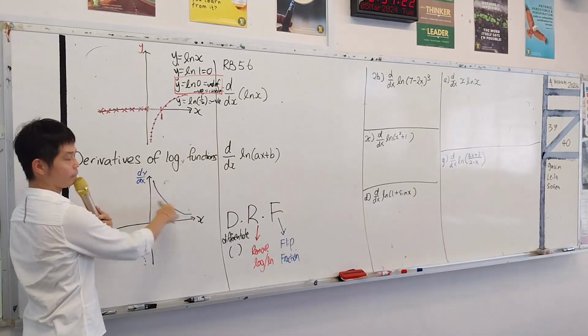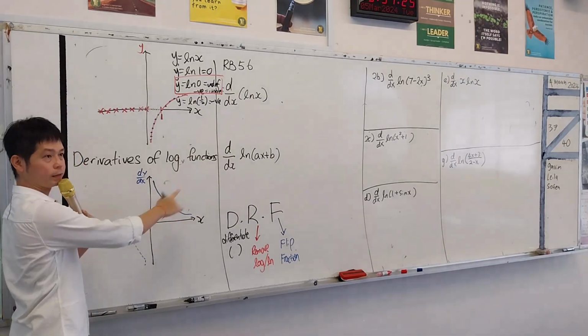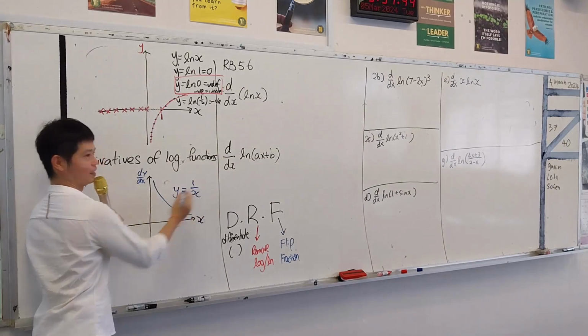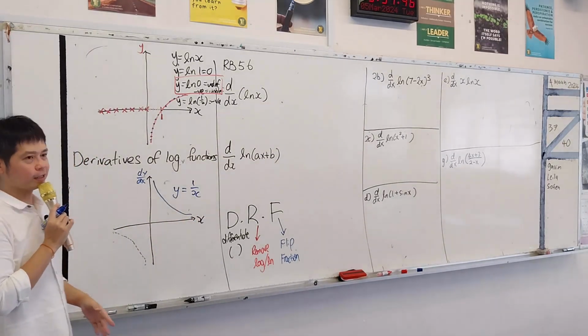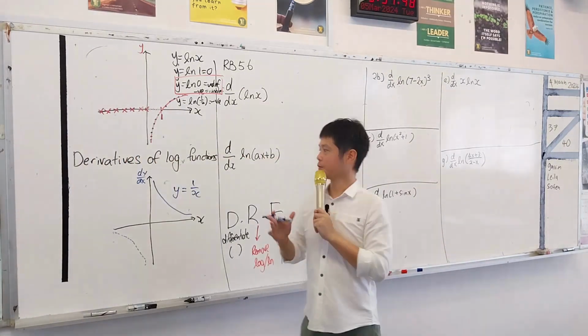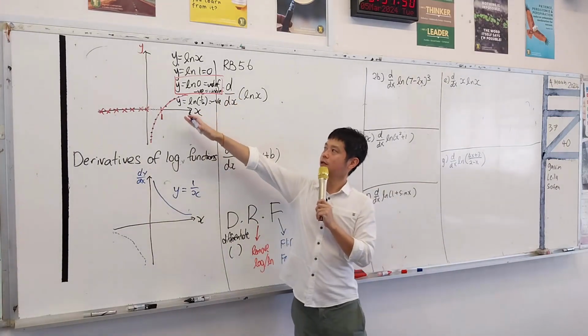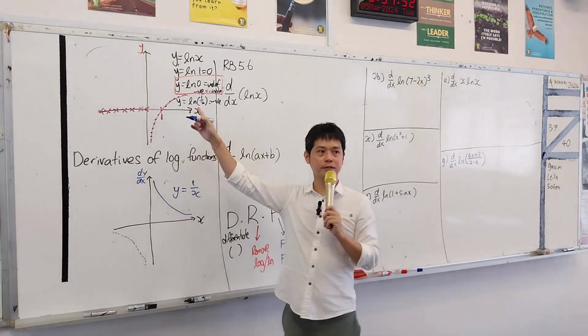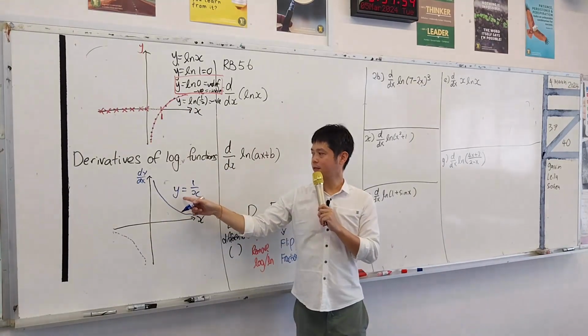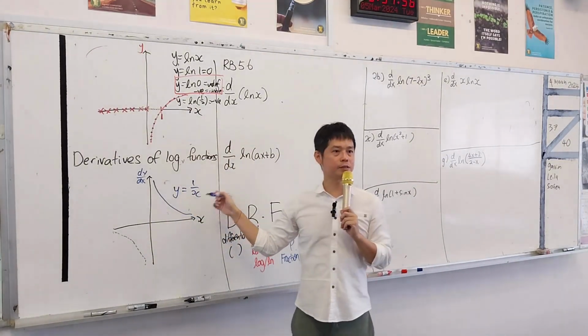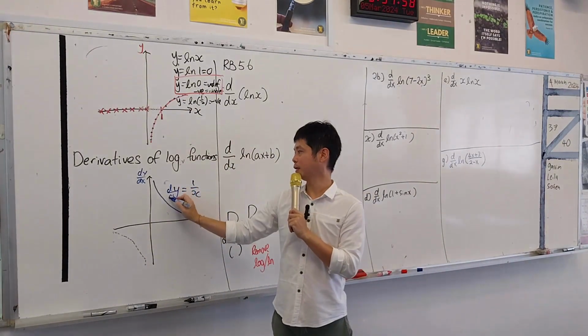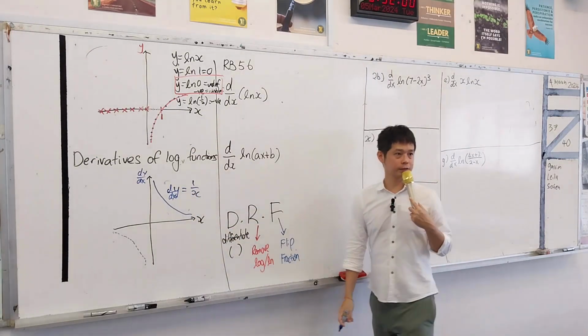So I will only have this part here. What type of function does this look like? Okay, so this is 1 over x. So when you differentiate ln x or log x, you'll get dy/dx as 1 over x.